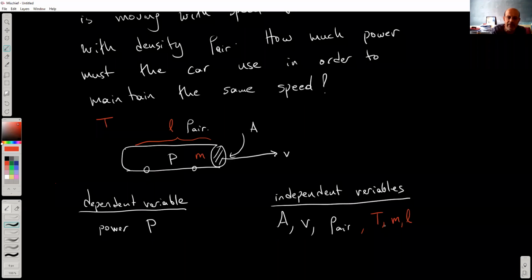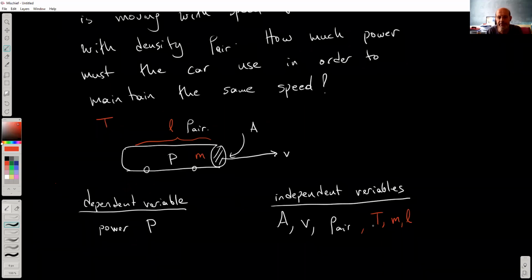I mean, there are too many variables that I can count in here, but by using some simple analysis, perhaps I can eliminate some of them. So for example, mass of the car, probably this is not relevant. You might think that if there are too many passengers inside, the car is going to spend too much energy, but usually this is the energy that's actually spent in order to increase the speed to that final value.